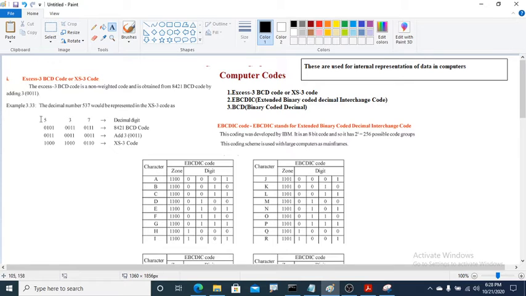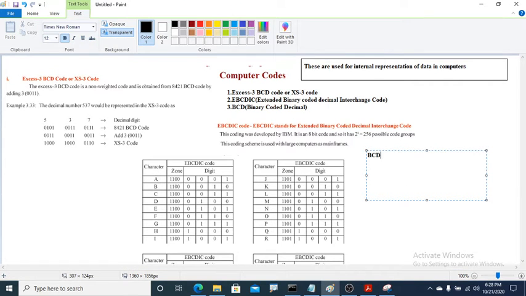Before that, let us understand BCD code. BCD code stands for binary coded decimal. Normally it is a 4-bit 8421 BCD code.